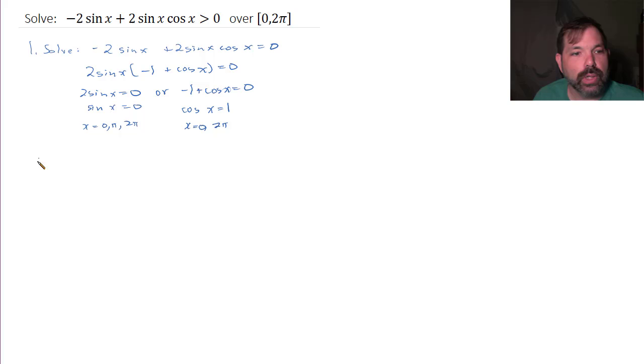So now we're going to use a number line and test subintervals.